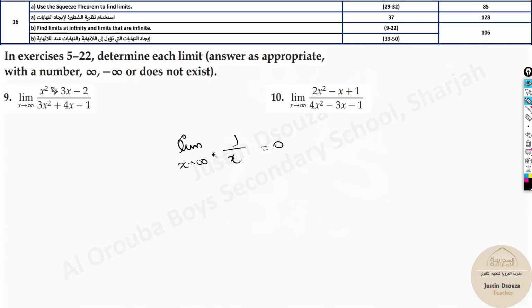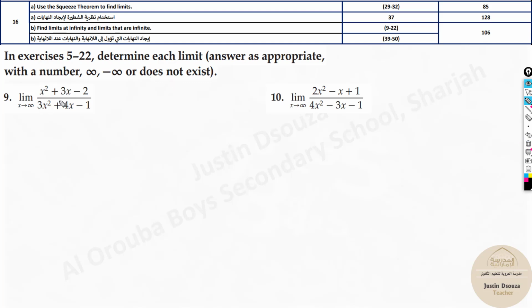So here, looking at this problem, I know the answer is 1 by 3, just by looking. Why? Because the highest degree over here is x power 2. Here also x power 2. So see the coefficient. It's 1 by 3. That's it. Now, if you're very bold enough, you can do this.